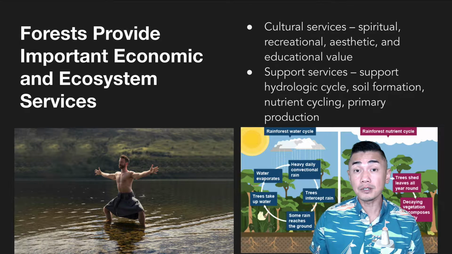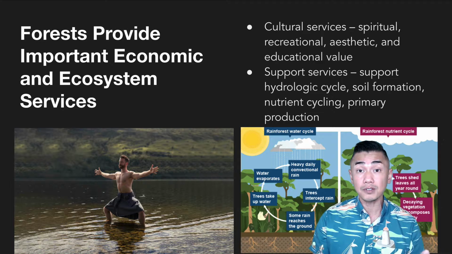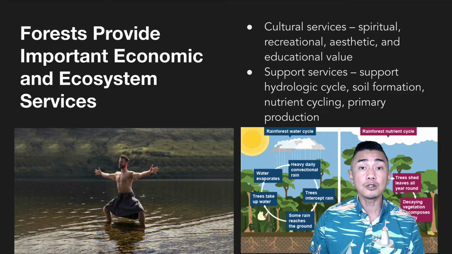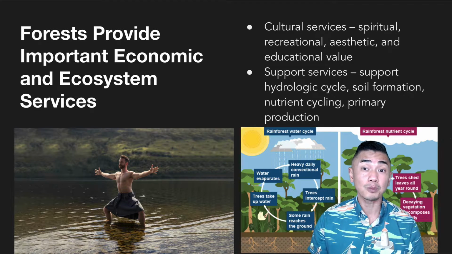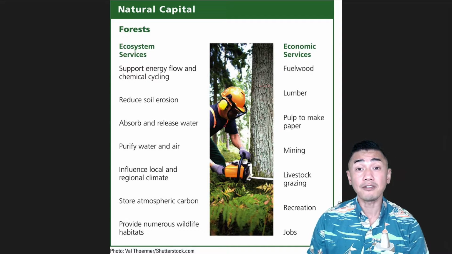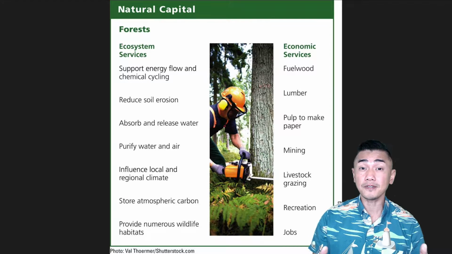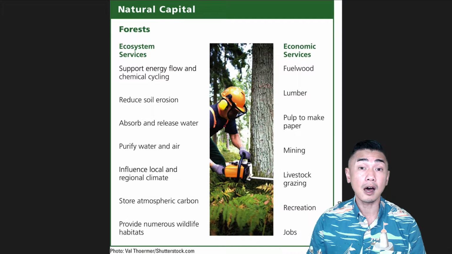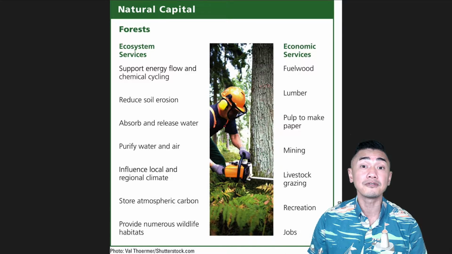Support services are the services that maintain the factors necessary for producing all the other ecosystem services. Forests support the hydrologic cycle, soil formation, nutrient cycling, and primary production. This infographic from your book provides specific examples of the ecosystem services and the economic services provided by forests.